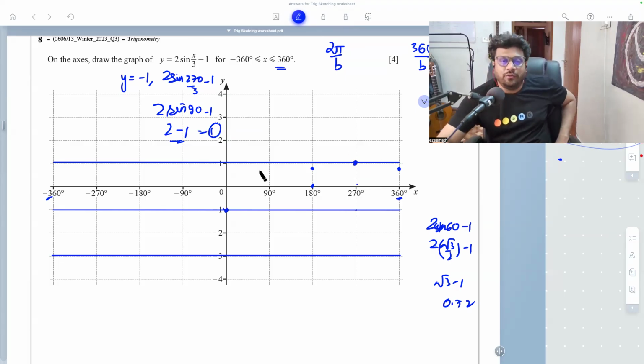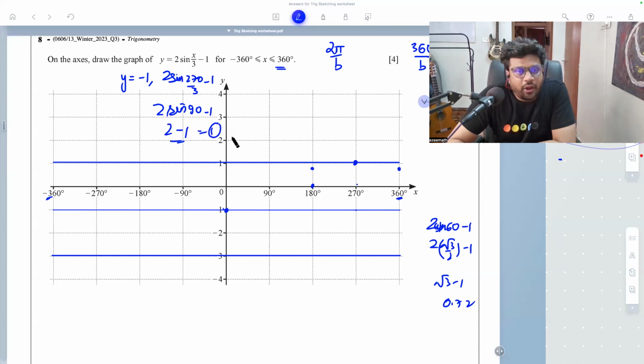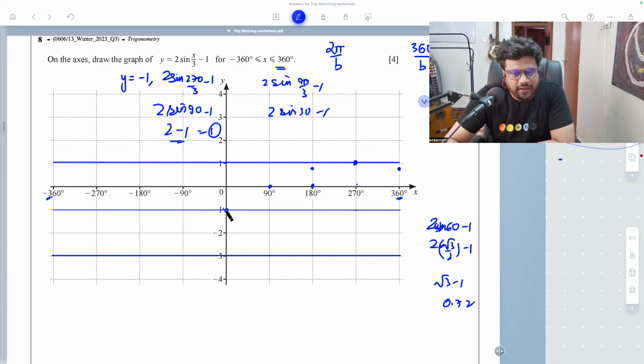The curve is going to go, and I can also find it at 90 degrees. Why not? 2 sine of 90 divided by 3 minus 1. That's 2 sine of 30 minus 1. That's 1 minus 1, 0. And there it is. The curve goes like that on the right.